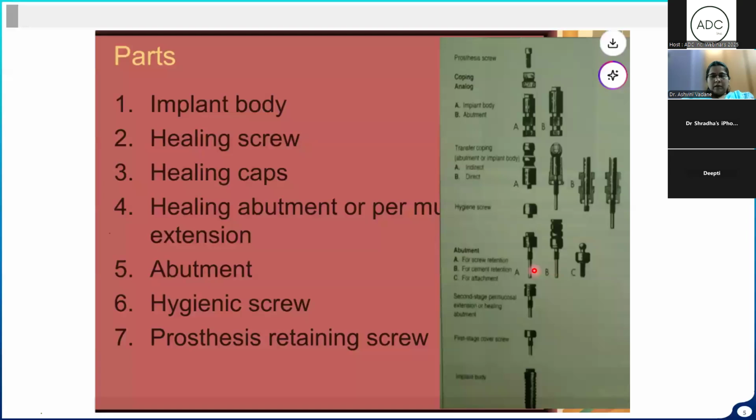Then these are abutments. This is the hygiene screw. Then the transfer coping, which can be divided into indirect and direct. Then implant body, abutment, coping, analog, and prosthesis. So these are various parts of the dental implant.